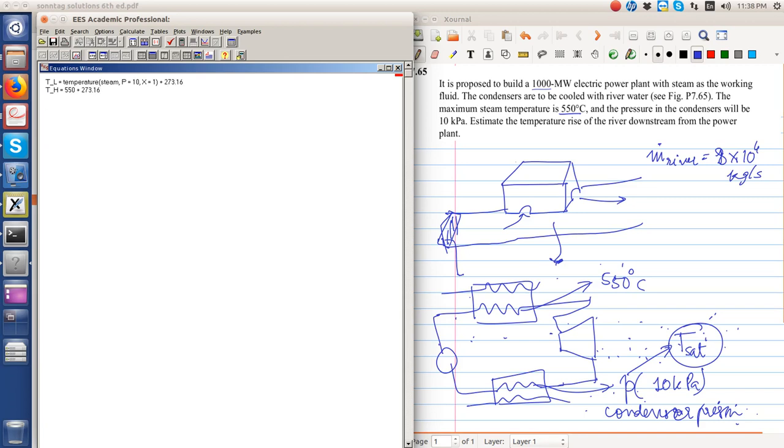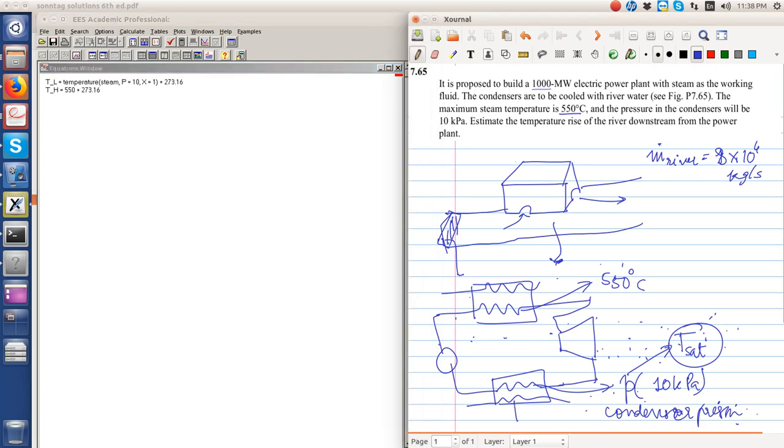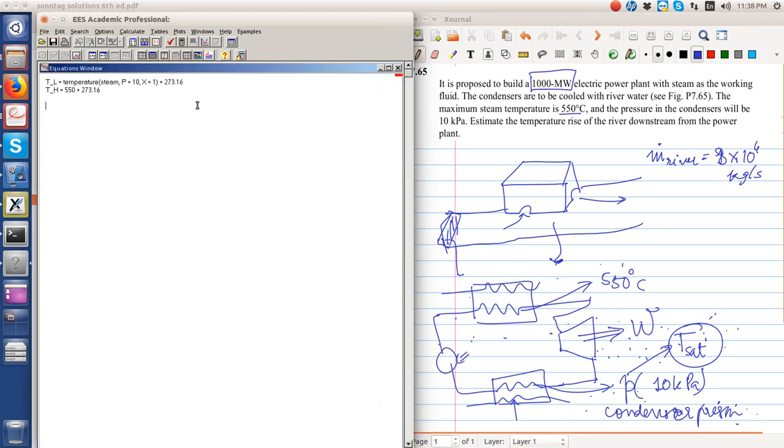So the condenser is the part which is exchanging heat with the river. First of all, this is the total work output of the cycle, including whatever little work the pump takes. So the work is equal to 1000 megawatt.